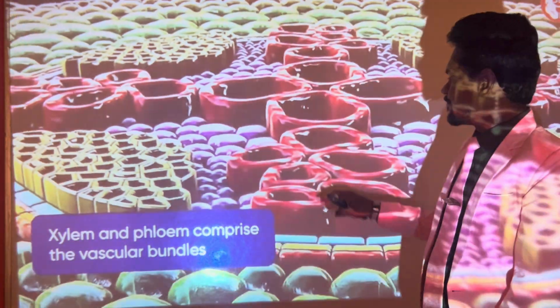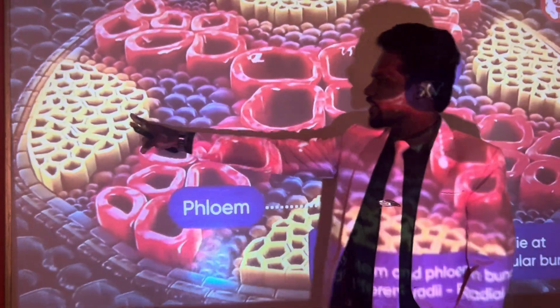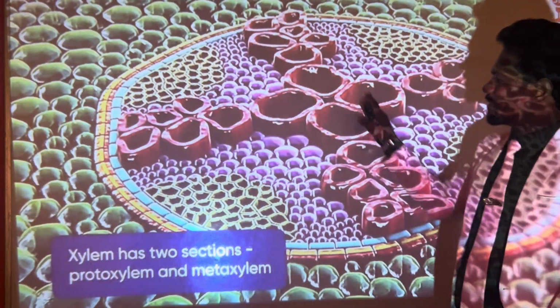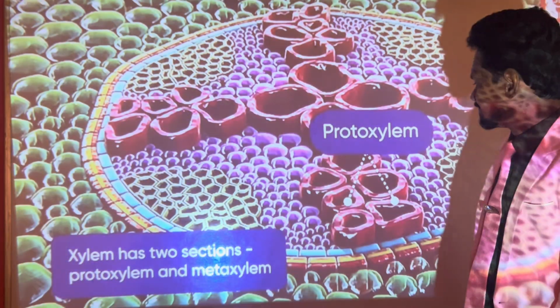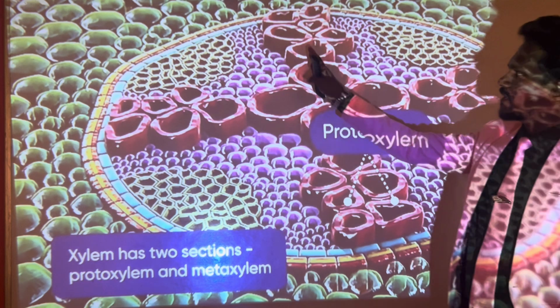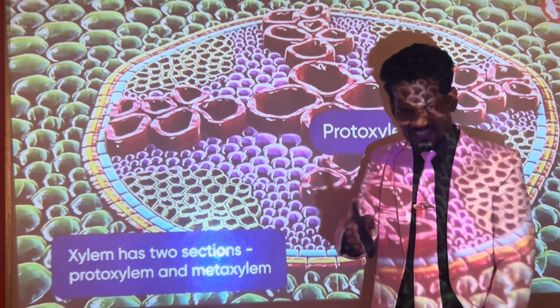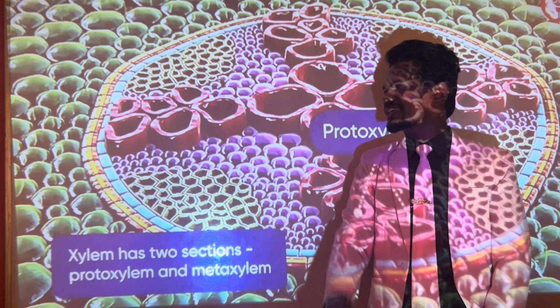Next here we have xylem and also phloem. Xylem and phloem together are called vascular bundles. Here a 4+4 arrangement is there, which is called tetrarch arrangement.